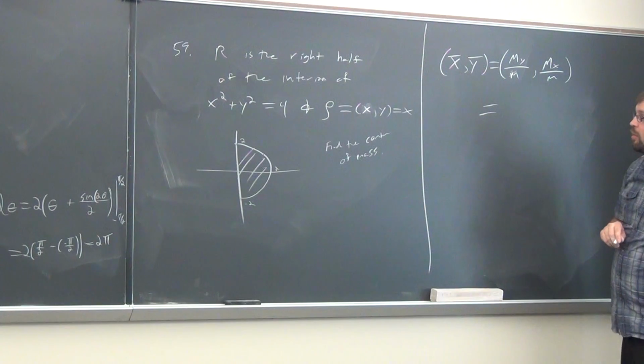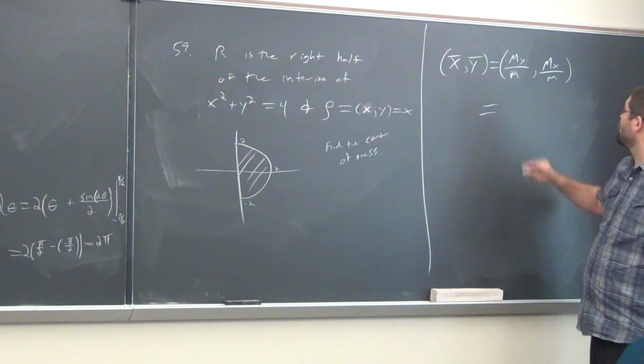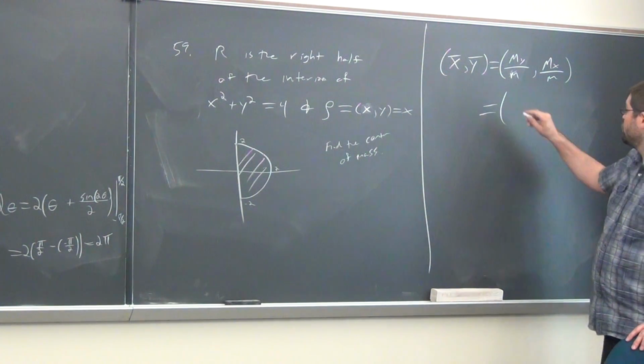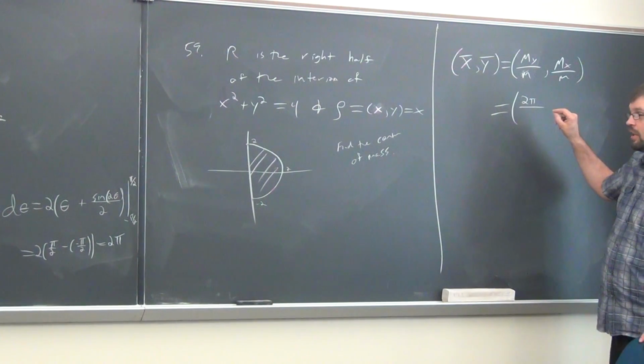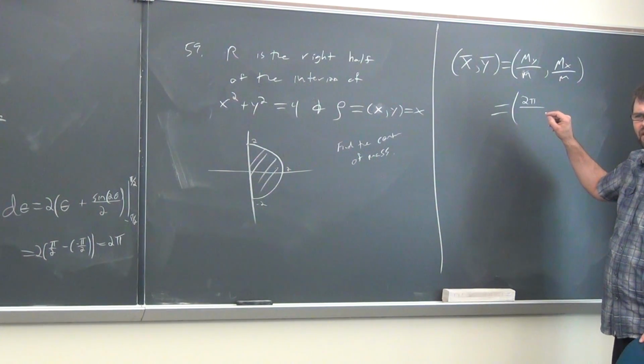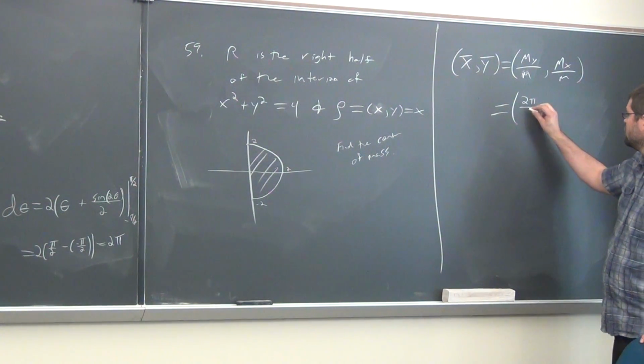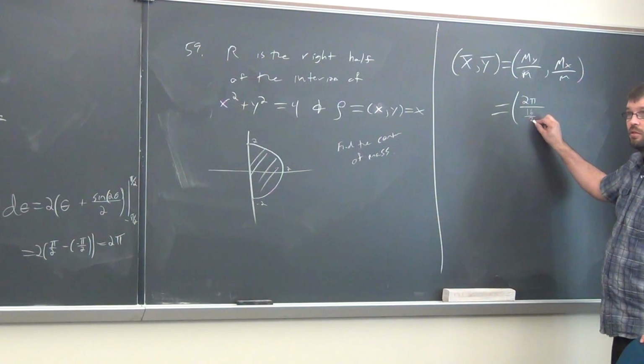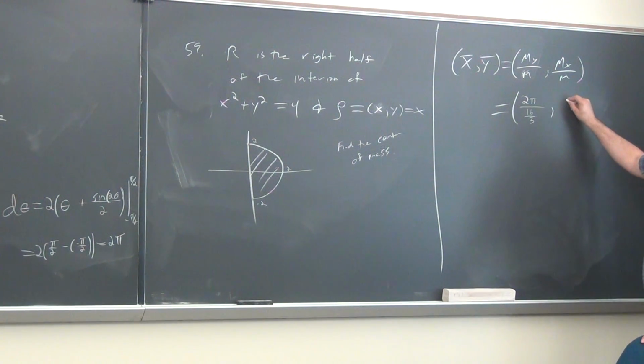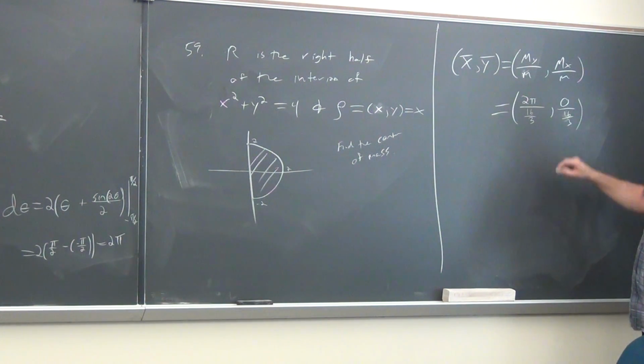Oh, I just erased our m. Well, you guys have it in front of you, so you can remind me. So m sub y was 2 pi. What was our m again? 16 over 3? Okay. And then what do we got here? 0 over 16 over 3, so it's just 0.